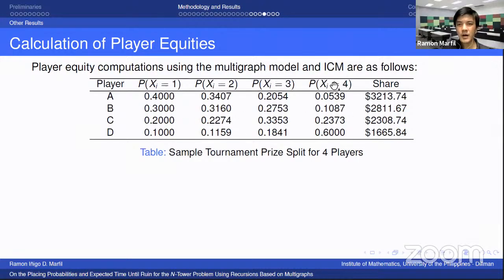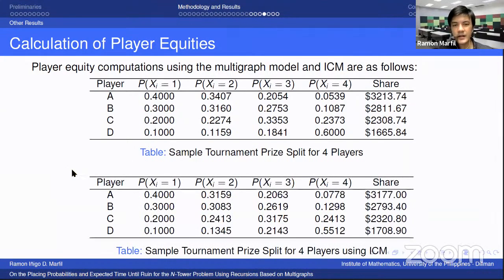And using these probabilities, ito yung gagamitin natin na weight, i-multiply natin sila doon sa prize para sa first, prize para sa second, para sa third, and para sa fourth place. Ang makukuha natin ay ito yung equity ng players A, B, C, and D. Okay?